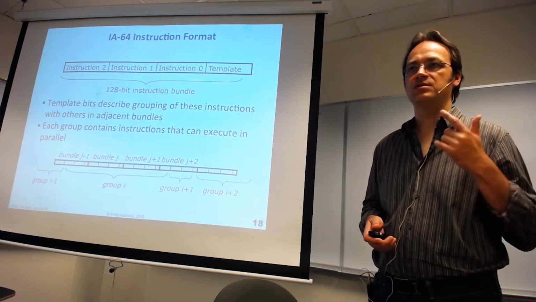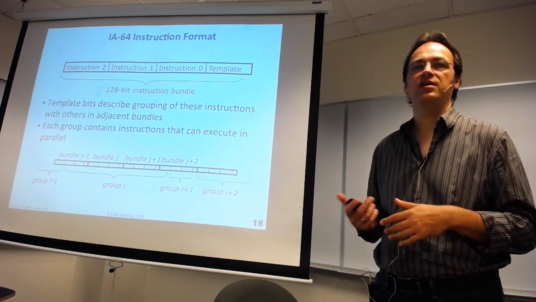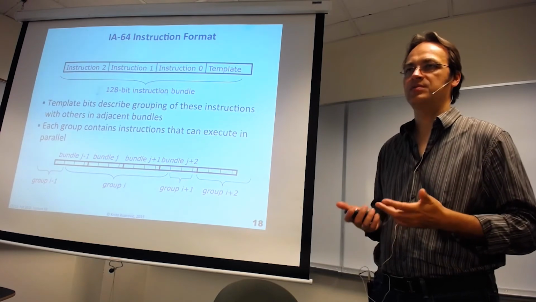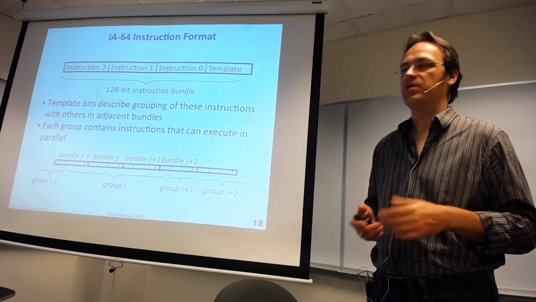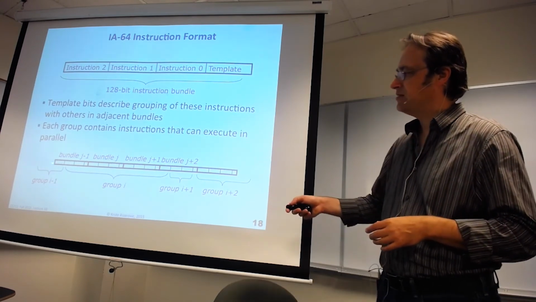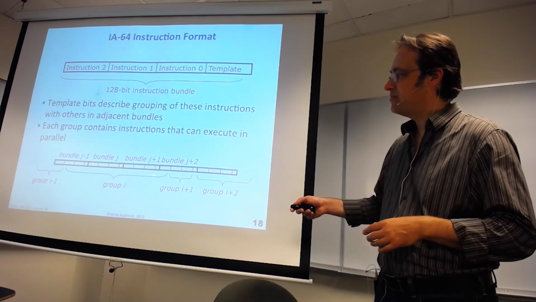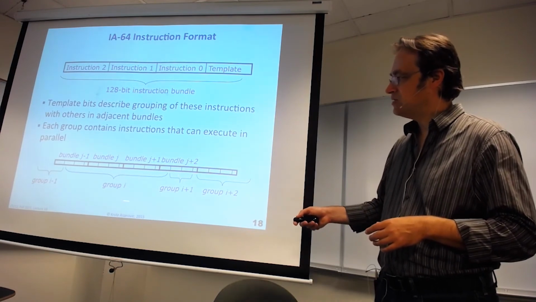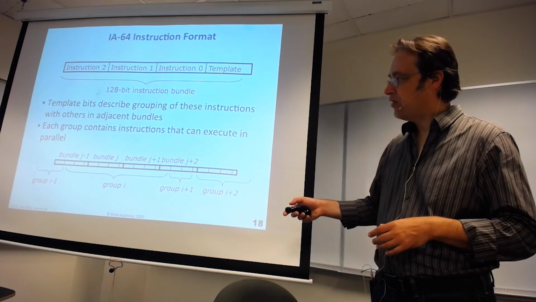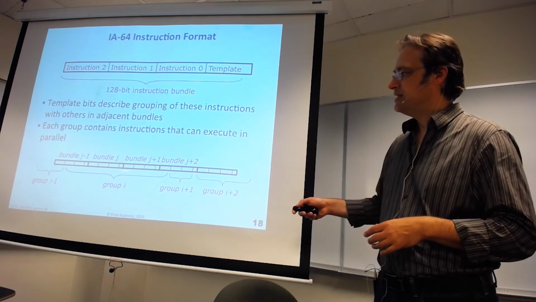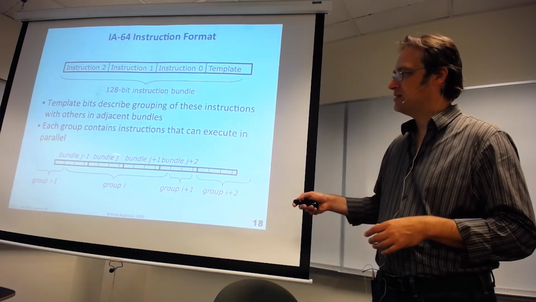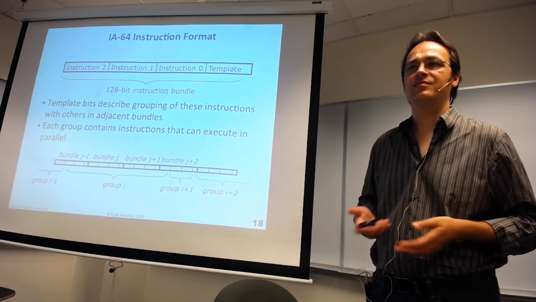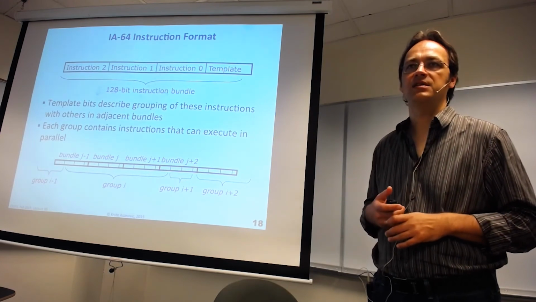So the notion was you could build a hardware microarchitecture that could execute one or more bundles in parallel per cycle at peak, but it would read the bundles from memory, and the groups could span many bundles. So if you had a wider Itanium, you could issue all of these at once. If you had a narrower one, you could take this long parallel group and just do it one at a time sequentially on however much hardware resource you had in that implementation.